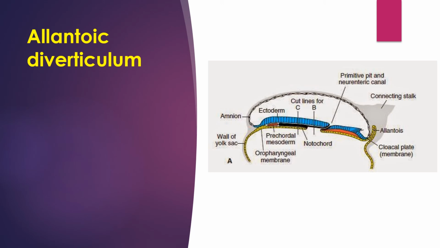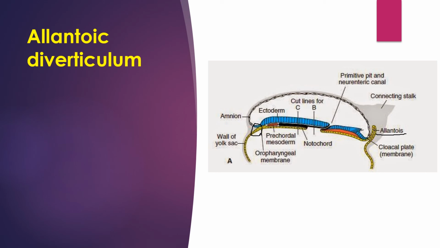Towards the caudal end, the endodermal cell outgrowth is called the allantoic diverticulum. So this allantoic diverticulum in future is involved in the umbilical blood vessels. And towards the cephalic end, above this buccopharyngeal membrane, a horseshoe-shaped bar-like structure can be seen, which is called the pericardial bar.